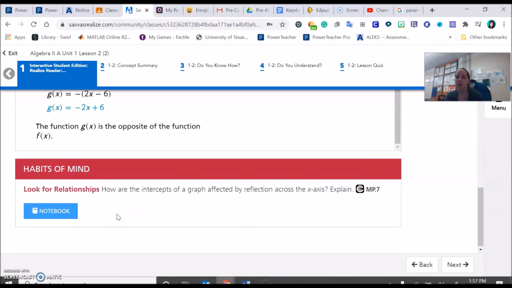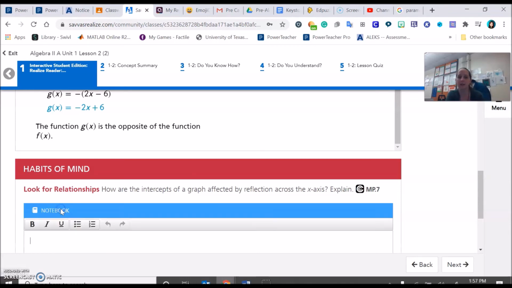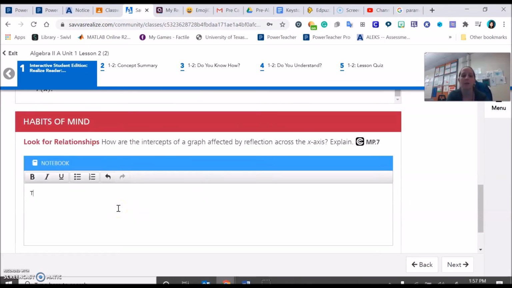So look for relationships. How are the intercepts of a graph affected by reflection across the x-axis? The intercepts are switched.